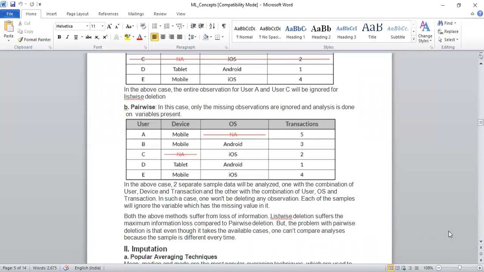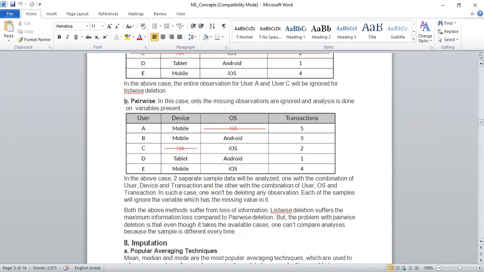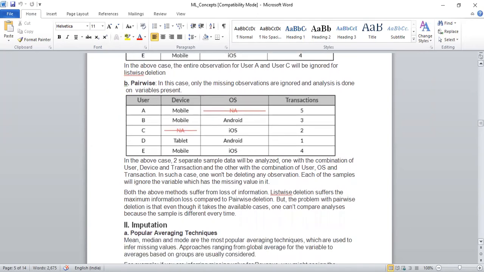So you have to create two separate sample data for analyzing. Okay, so both the above methods suffer from loss of information. List-wise deletion suffers the maximum information loss compared to the pairwise deletion. But the problem with pairwise deletion is that even though it takes the available cases, one cannot compare analysis, because the sample is different every time.